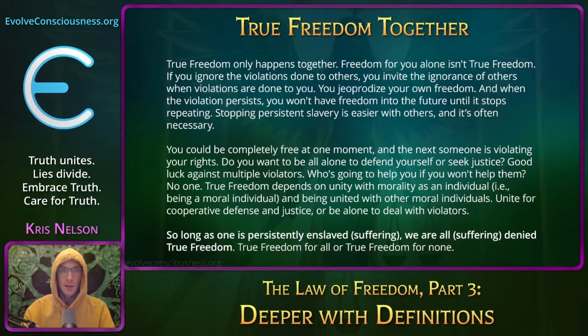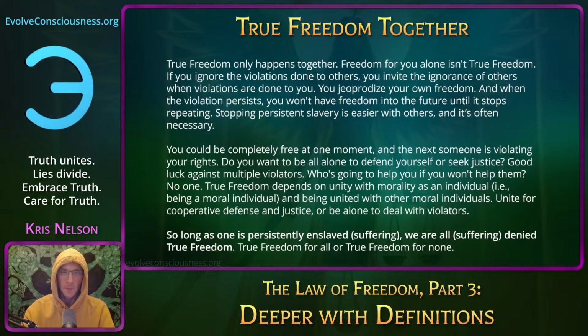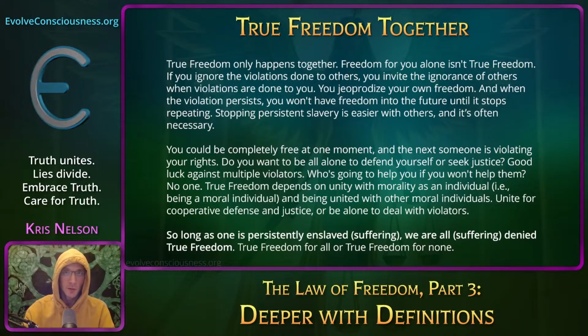So when the violation persists, you won't have freedom in the future until it stops repeating. And that's what we have. We have the persistent repeating violations, and they're not stopping because we're not making them stop, because we're not morally united, because as individuals, we are not united with morality. Too few of us are.